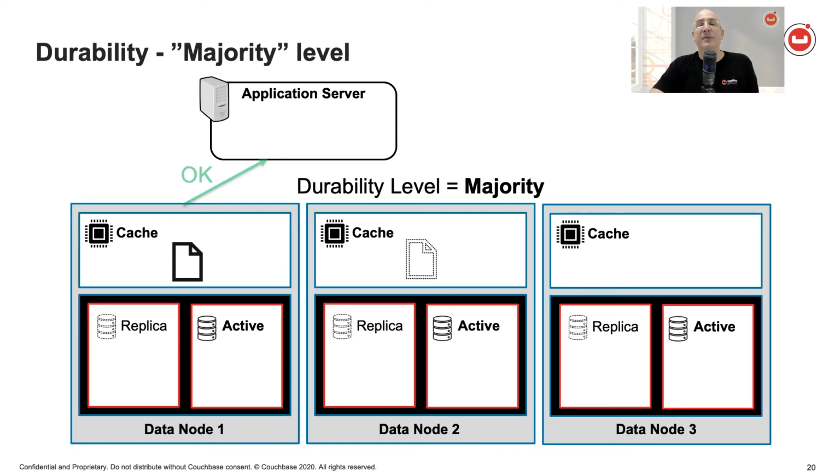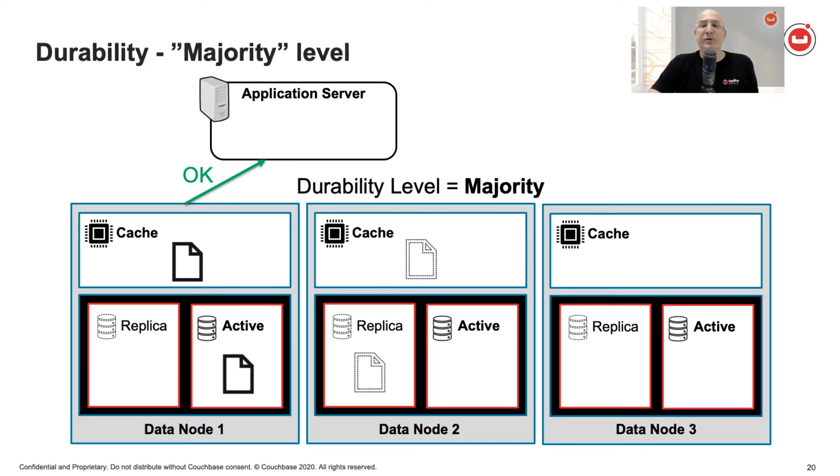Then the document will get persisted to disk asynchronously in both nodes. If there are 2 replicas, the majority mode refers to the majority of the replicas. So when there are 2 replicas, which means 3 copies of the document, then the majority is 2 copies.